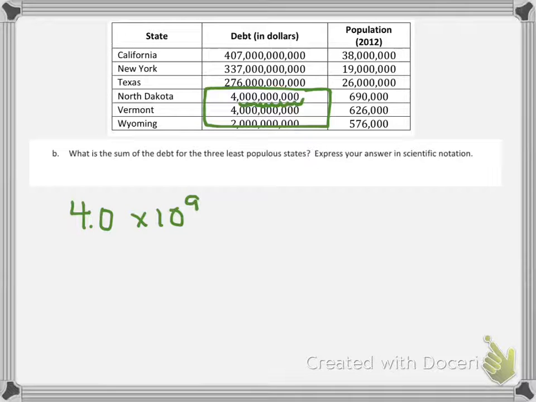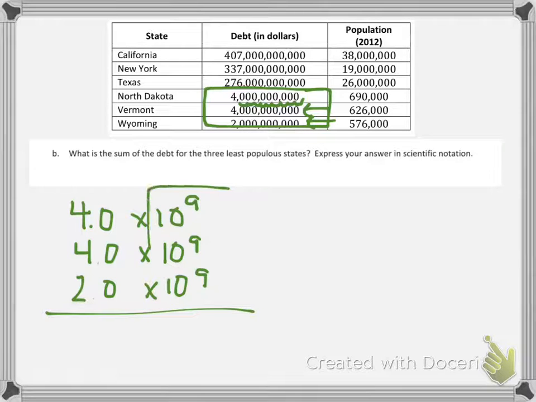Since they're all the same number of digits, they're all going to be to the 9th power. So also a 4.0 times 10 to the 9th for Vermont, and 2.0 times 10 to the 9th for Wyoming.